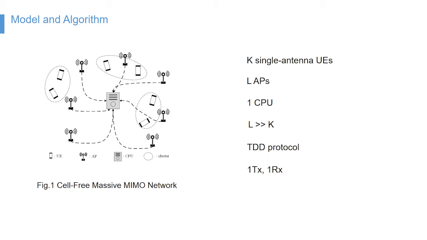This kind of setting can perform coherent joint transmission and reception for the UEs in the entire covered area. When L and K are large, it is called Cell-Free Massive MIMO. Usually we assume that L is larger than K, that is, the number of APs is more than the number of users.